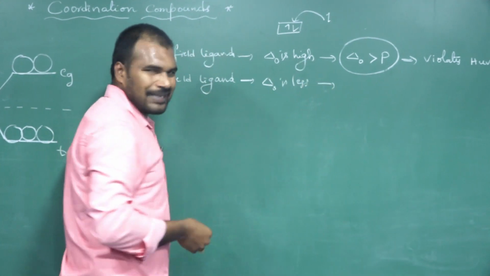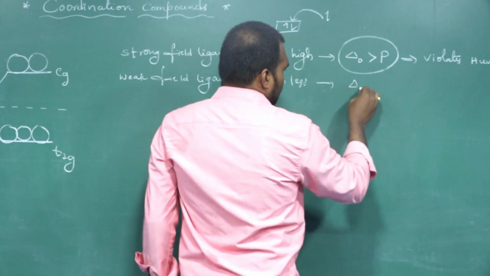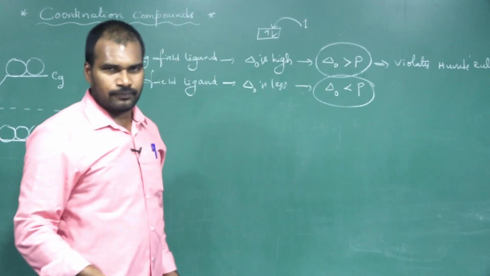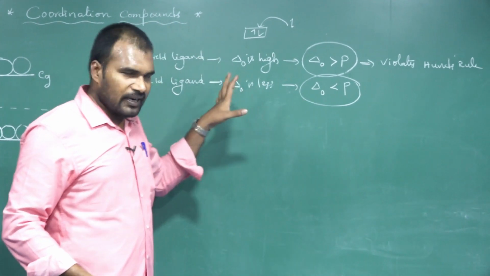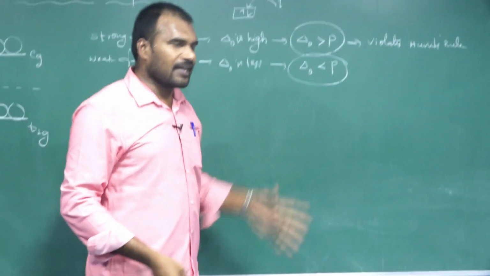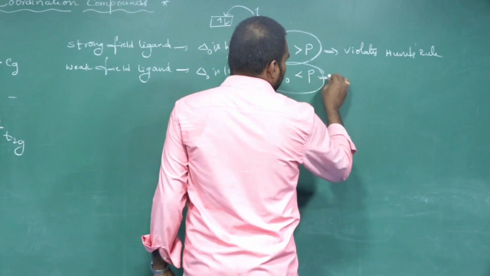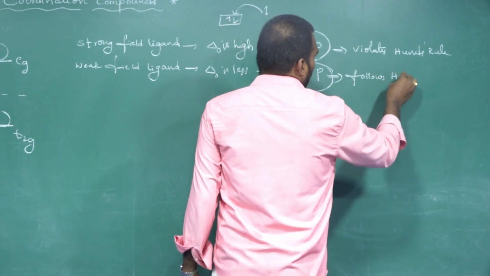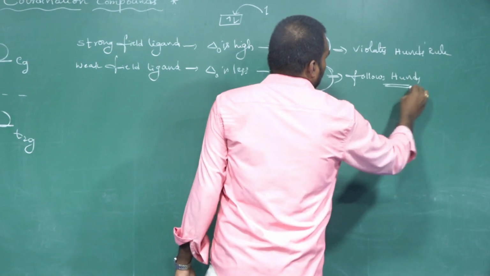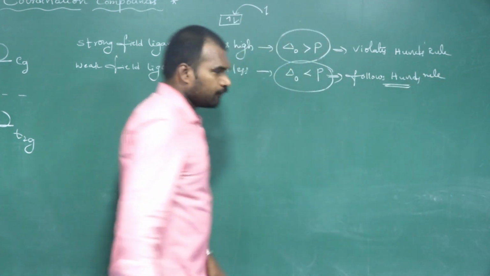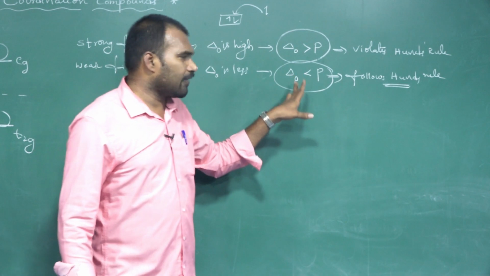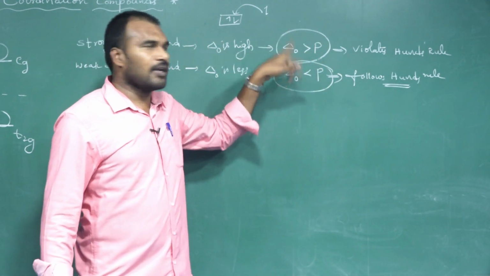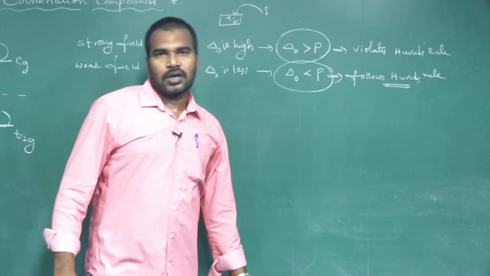If del value is less, then del O value is less than pairing energy. In this case, pairing energy is greater. In case of weak field ligands, pairing energy is greater. So in that case, they follow Hund's rule. So very important. If pairing energy is greater than del value, they follow Hund's rule. If the pairing energy is lesser than del value, then they violate Hund's rule.